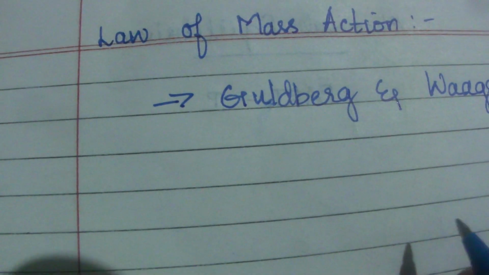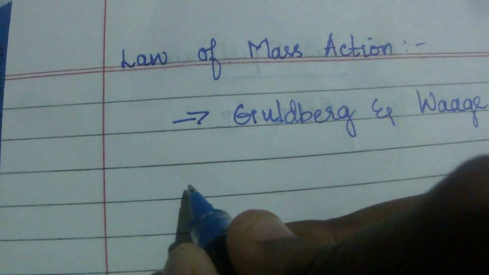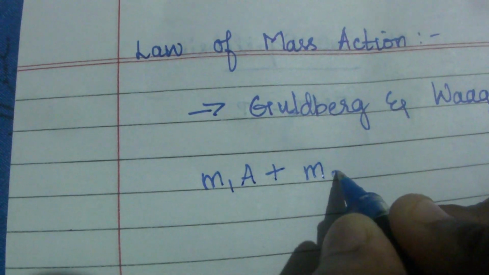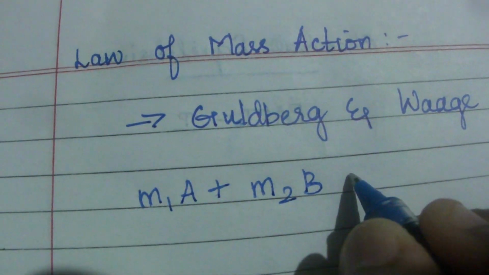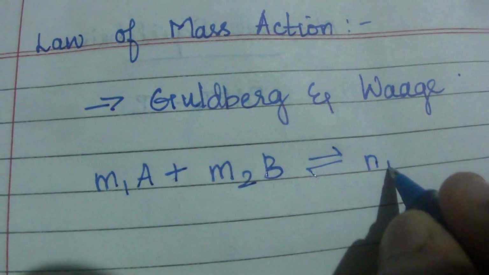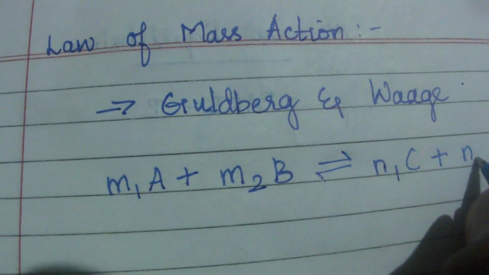To learn this law easily, let us write a chemical reaction, a reversible reaction: m1A plus m2B gives you n1C plus n2D.